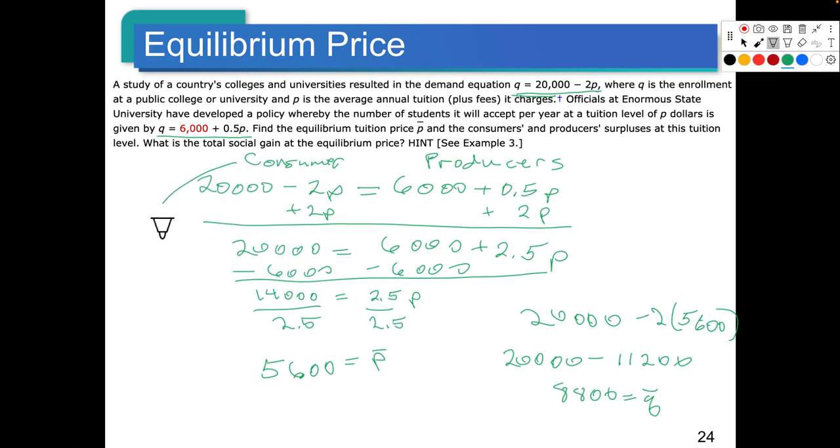Okay, so for the consumer side, let's go down here. We're going to get the integral from 0 to Q bar, 8,800. Maybe we should write that up here, the general formula: the integral from 0 to Q bar of D of Q minus P bar, dQ.